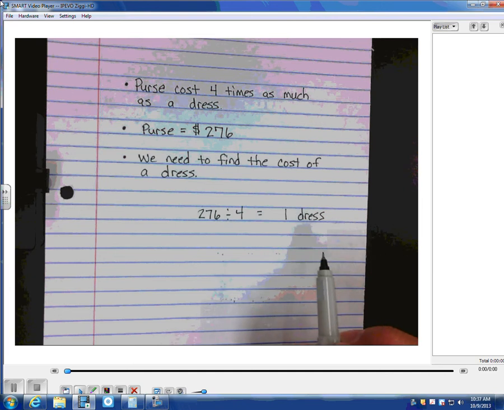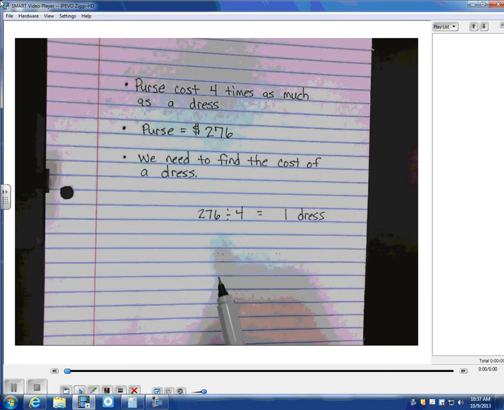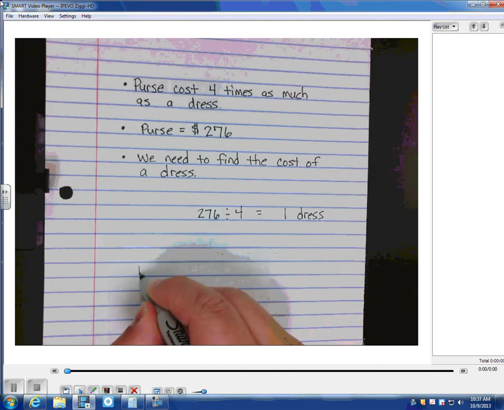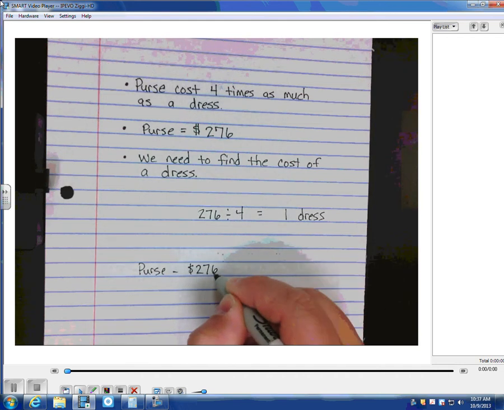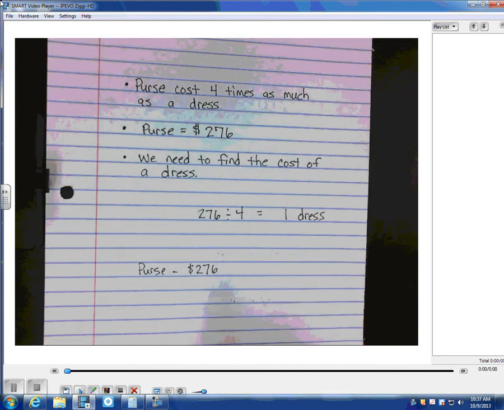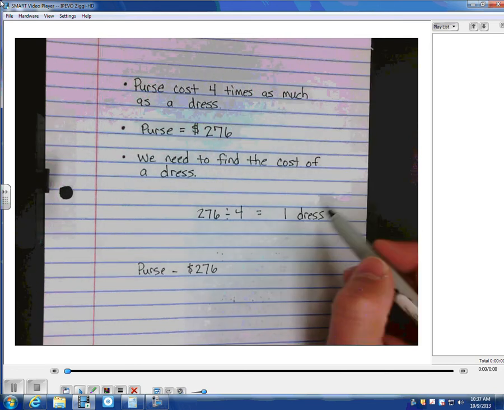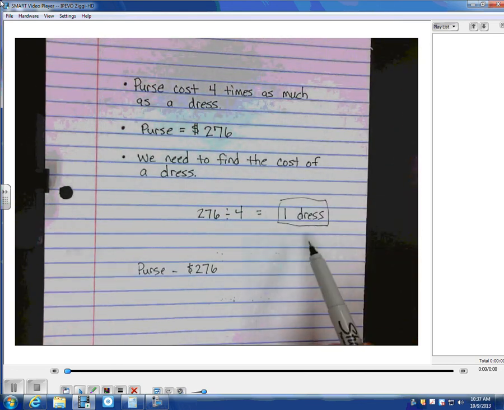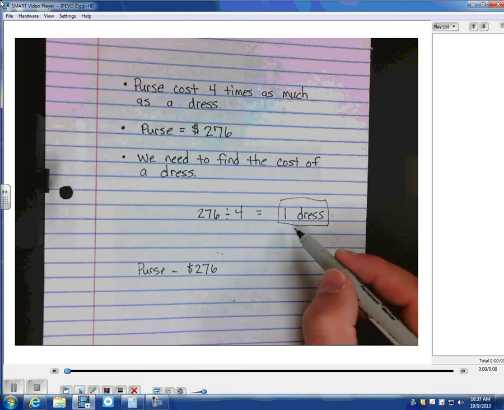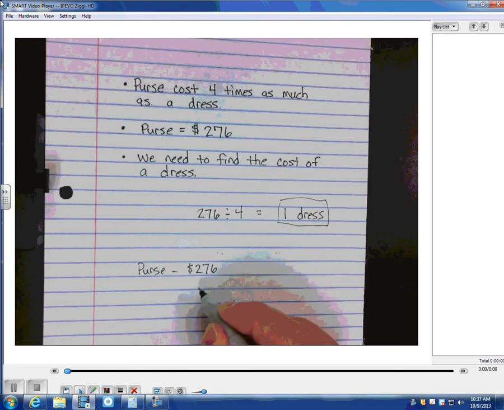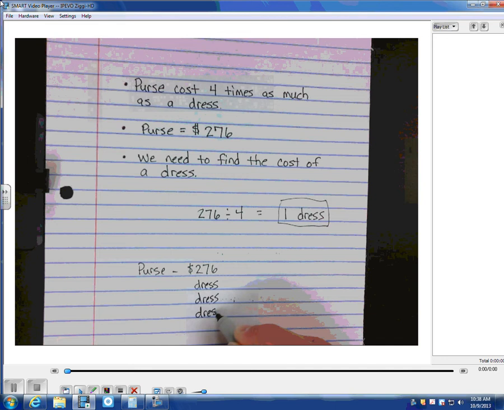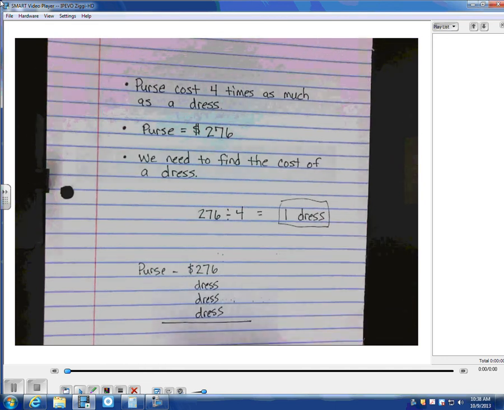Now, the problem is asking us to find how much she spends on the purse. We know the purse is already $276. But it also wants to know the purse plus the cost of 3 dresses. So once you have this answer here, this is the key answer. We need 3 of those because it's the cost of the purse and 3 dresses. So I'm just going to write dress, dress, dress. And that dress represents the number you need to come up with.